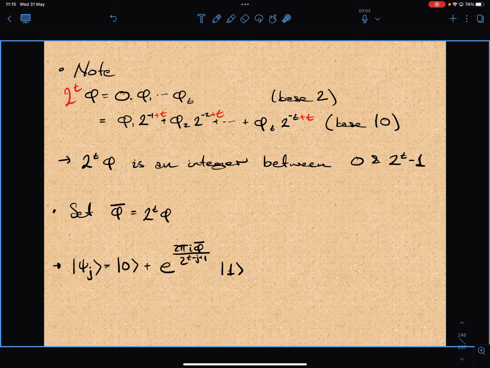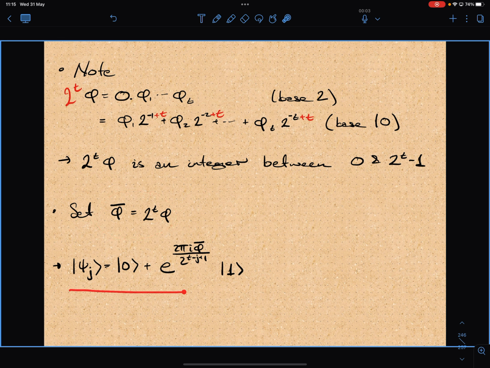And this is an important property that I need. This is why I want it to be terminating, so that if I multiply it by a large enough 2 to the t, then phi is going to be an integer. And in here, just using the substitution, I write that phi bar is 2 to the t phi.